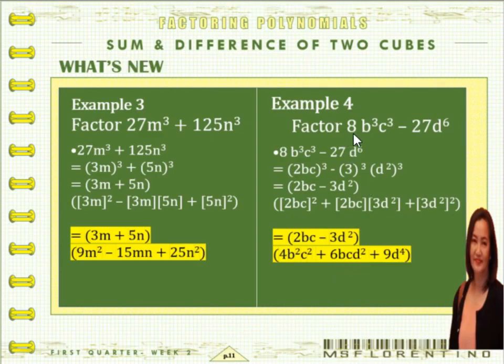Therefore, the factors of 8b cubed c cubed minus 27d to the 6 are 2bc minus 3d squared times the trinomial 4b squared c squared plus 6bcd squared plus 9d to the fourth.